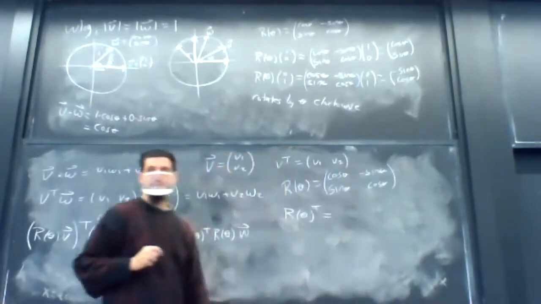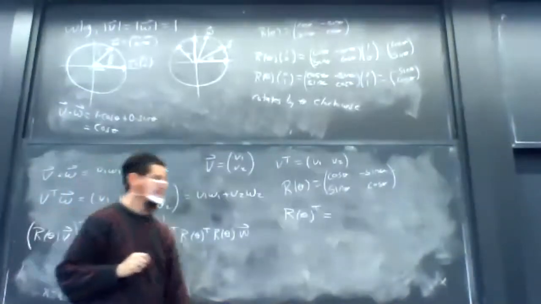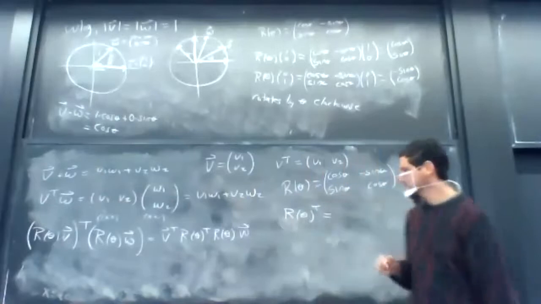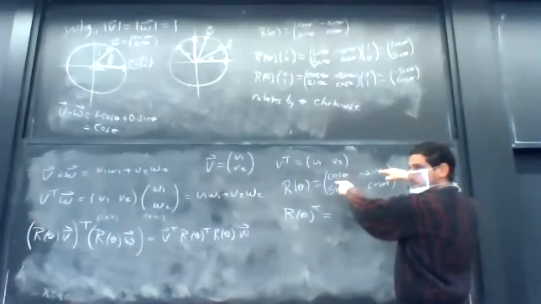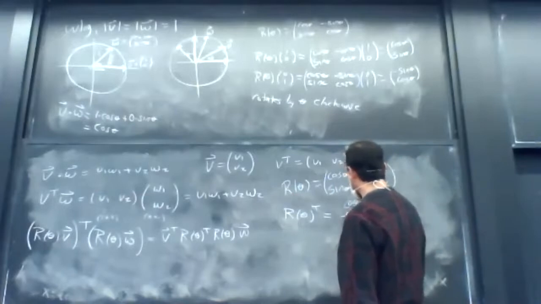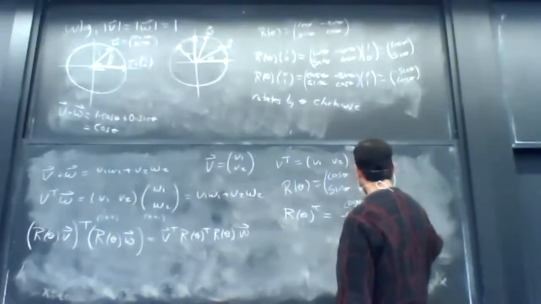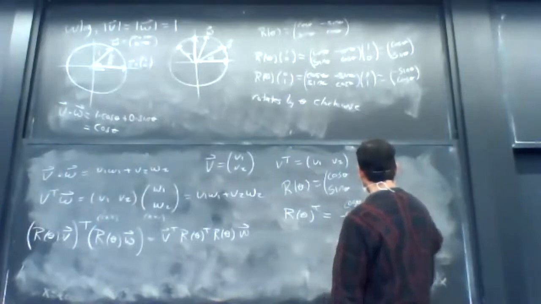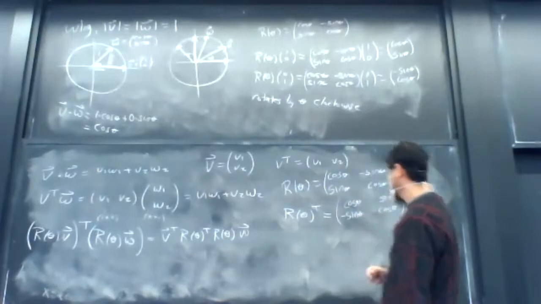I'm doing this slightly differently than section 1 because if I did the same calculation twice in a row, I'd go crazy. So I take the transpose of this, and so the first row becomes the first column, cosine theta, minus sine of theta, and then this becomes sine of theta, cosine theta.